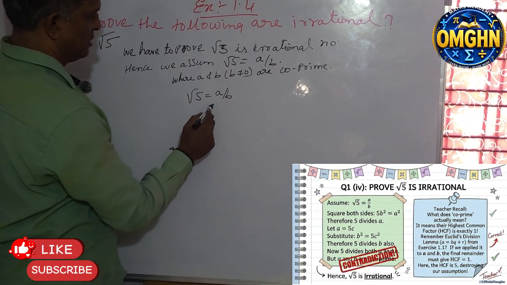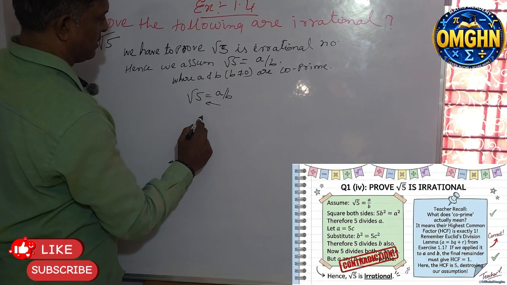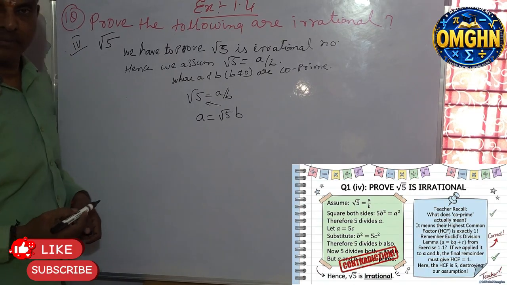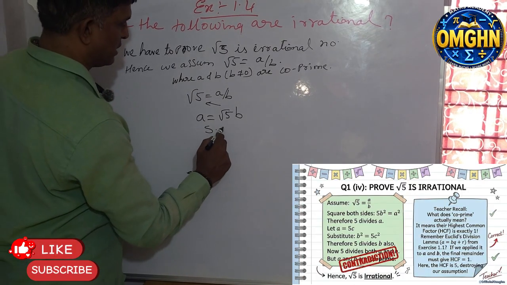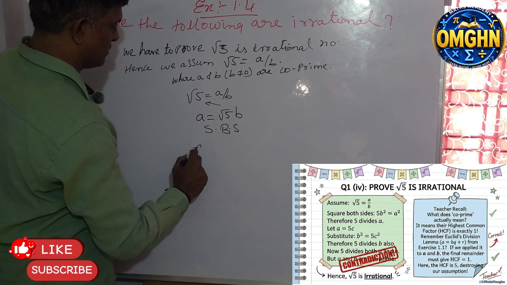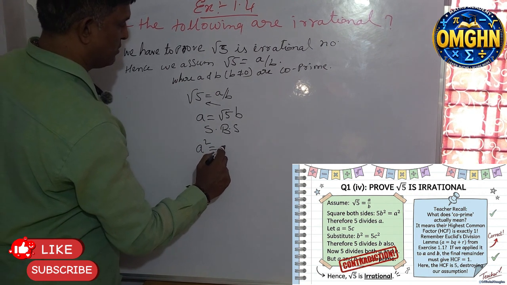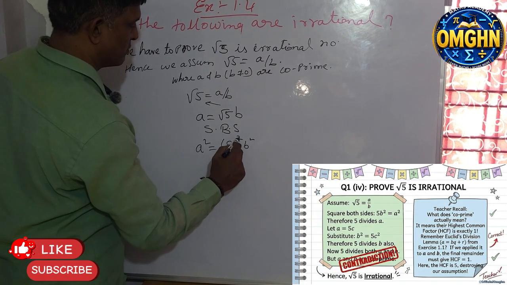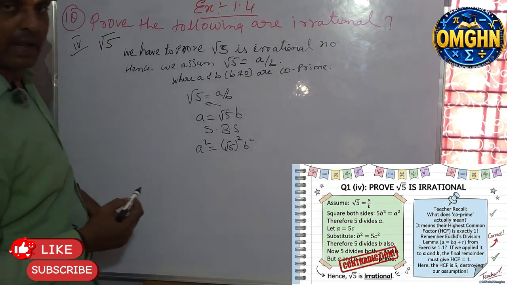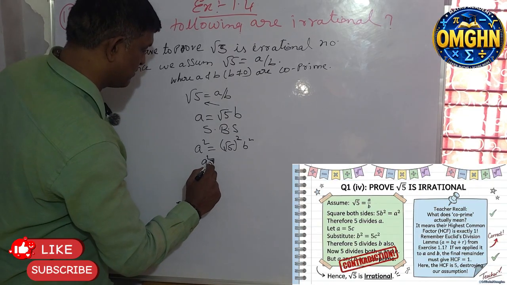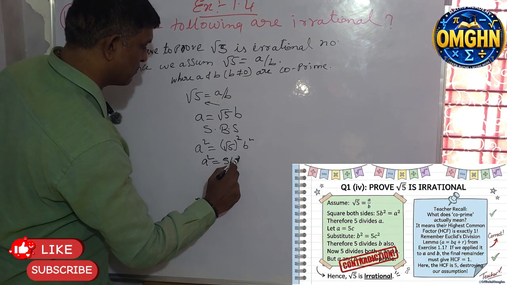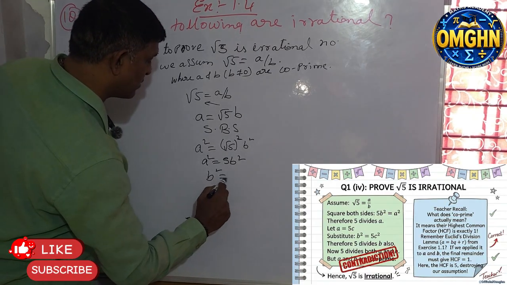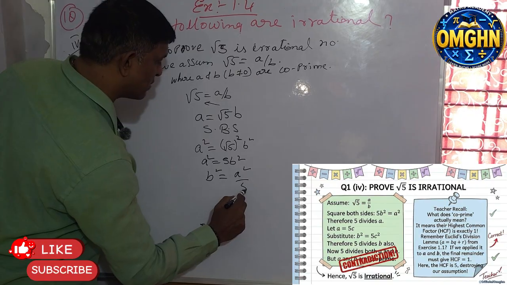Now cross multiplication. A equal to root 5 b. Here squaring both sides. That is, a square equal to 5 b square. Next step, b square equal to a square by 5.